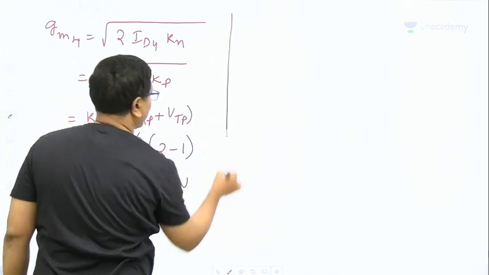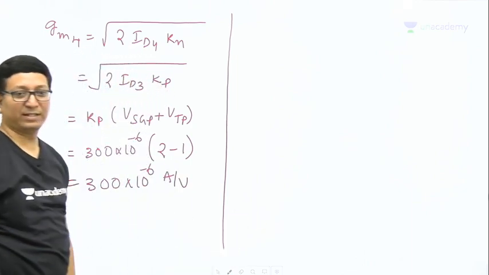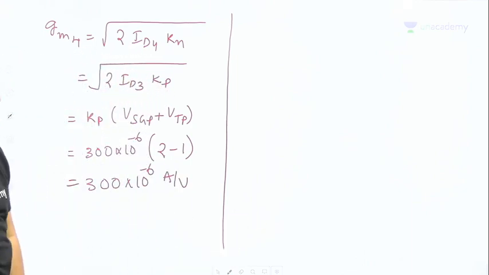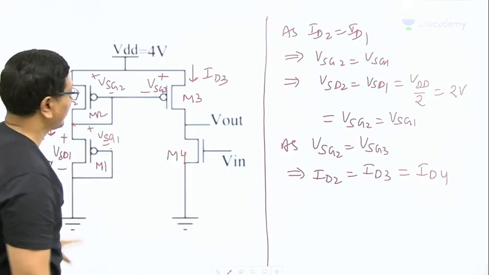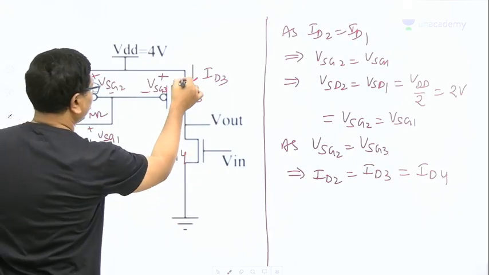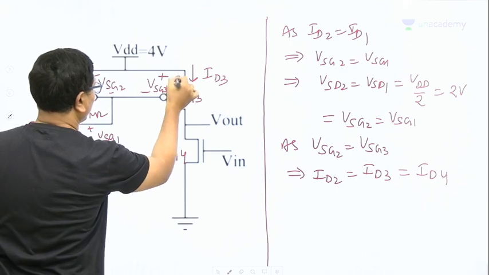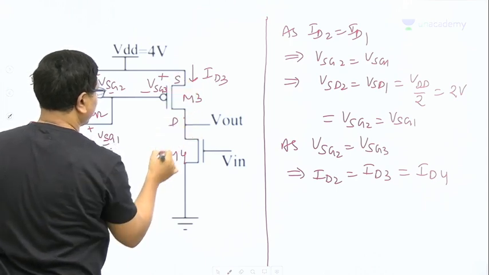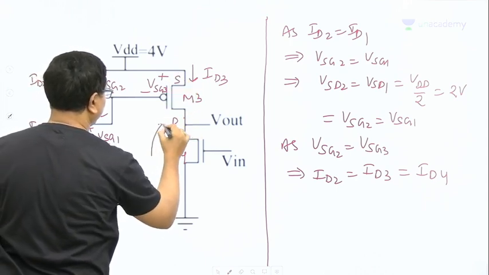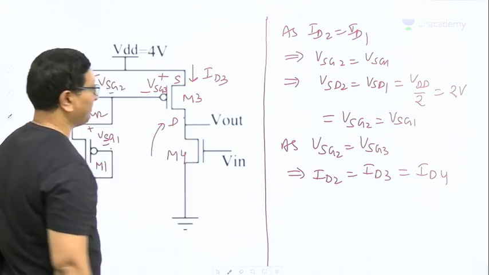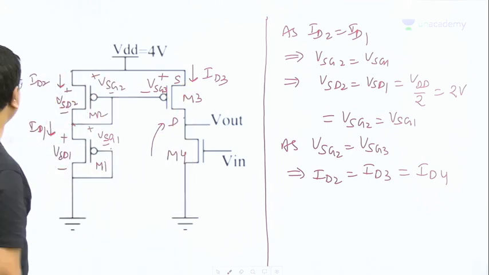Okay, now let us take the small signal equivalent circuit of M4. How to write that one? In this circuit, this is the source terminal, and this is the drain. Then what is the resistance looking into the drain of M3? That is RDS.